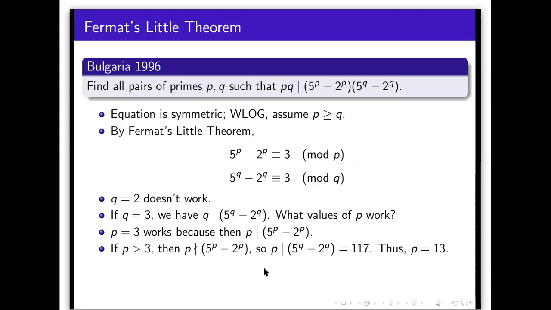So then if we know that P divides 5 to the third minus 2 to the third, which is 117, then we can say exactly what P is. So 117 is 9 times 13. And since we already accounted for P equals 3, the only other solution is P equals 13.